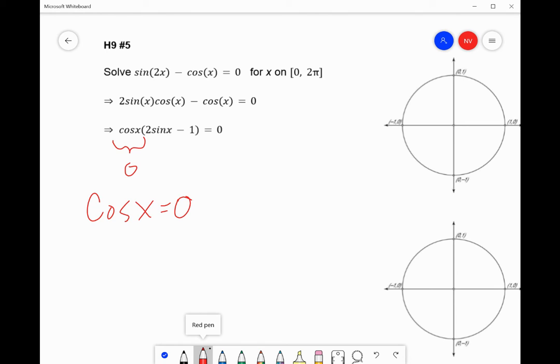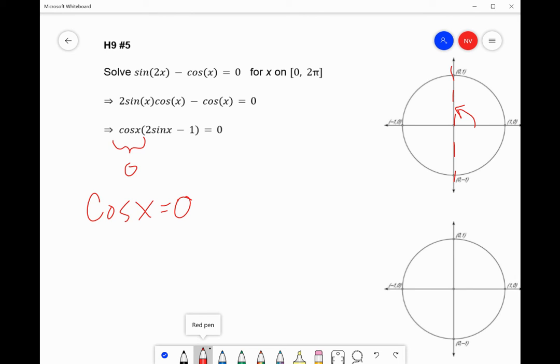The cosine is the x value, so x equals 0 would be right on the y-axis, okay? And to find the angle that gets there from your starting place, we would have this 90-degree angle, which is actually pi over 2 radians.